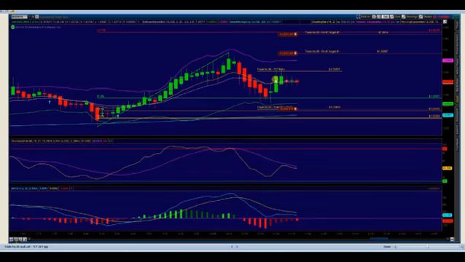I did execute a long order here, a long entry, with my initial targets to be taken out at the previous level of structure, and with my protective stops set right below the previous level of structure here. It was a little less than a 1-to-1, or maybe about a 1-to-1 risk to reward profile.